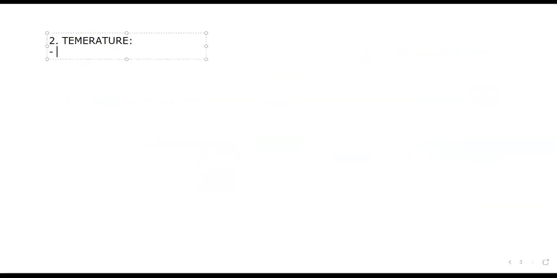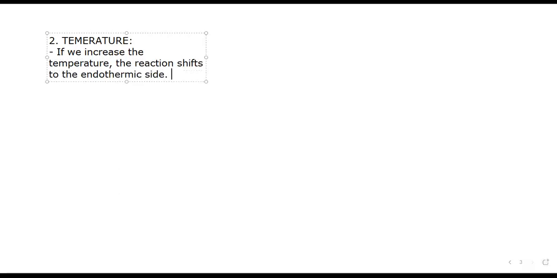Point number one, if we increase the temperature, the reaction shifts to the endothermic side. If we decrease the temperature, the reaction shifts to the exothermic side.